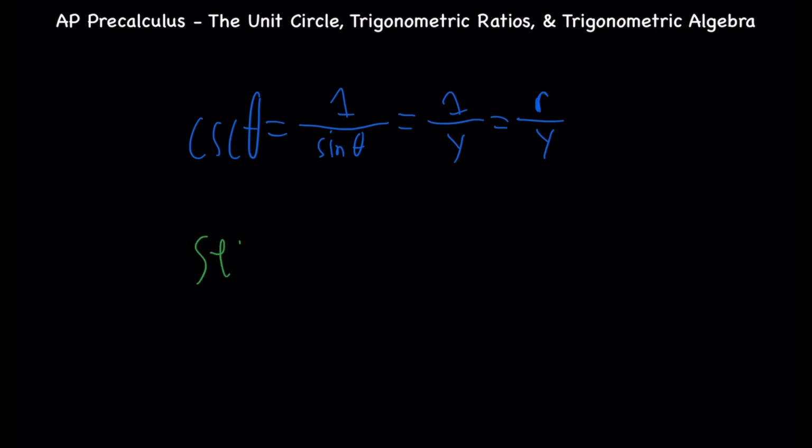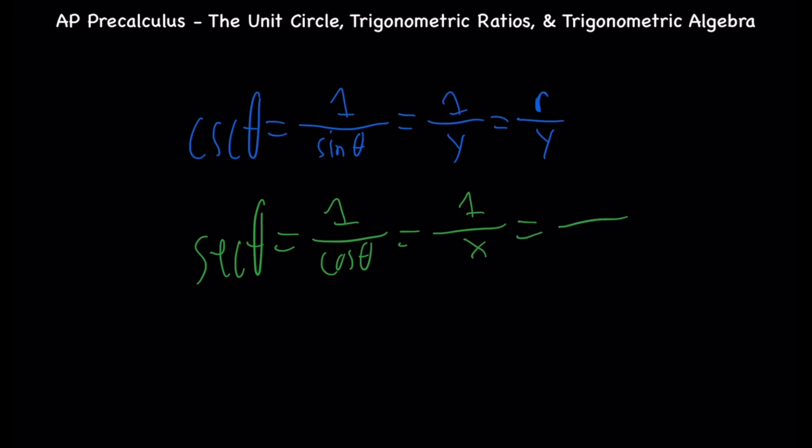Then we have secant theta, which is equal to 1 over cosine theta, 1 over x, or r over x. Oh, and also, in cases when r is not equal to 1, this would be your formula for a cosine.